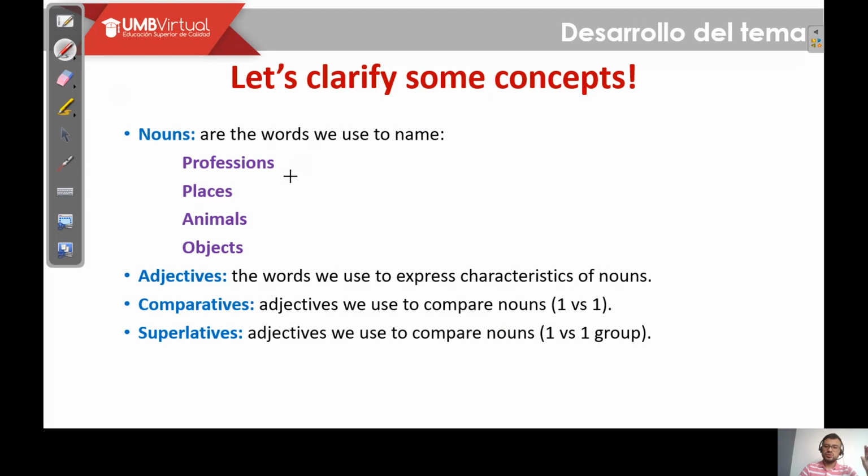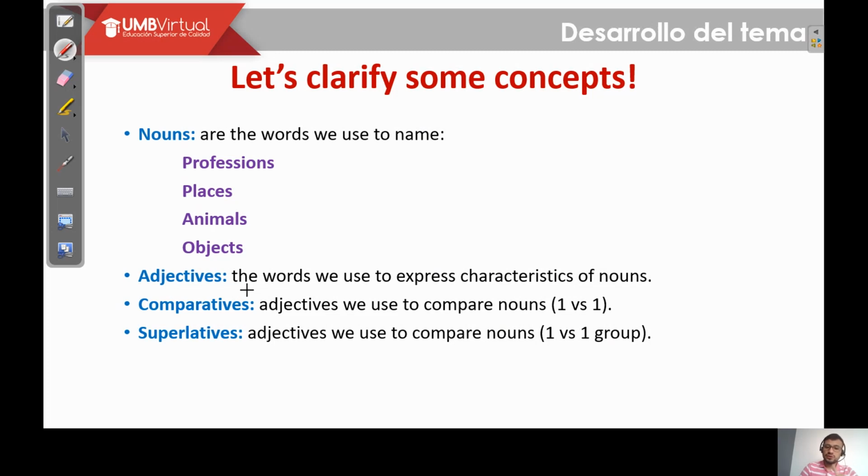Bien, estos conceptos son supremamente, digamos, básicos en cuanto al uso. Ya para nuestro curso estamos un poco más avanzados, pero la idea es que los clarifiquemos antes de continuar con el siguiente tema. Nouns are the words that we use to name, for example, profession, places, animals, and objects. Todos estos pueden ser nouns. Hay muchas otras cosas que utilizamos con los nouns, con los nombres, pero son ejemplos.